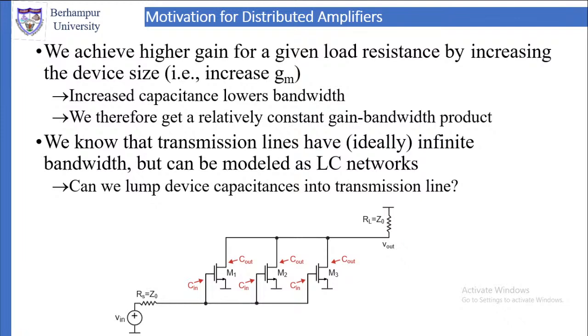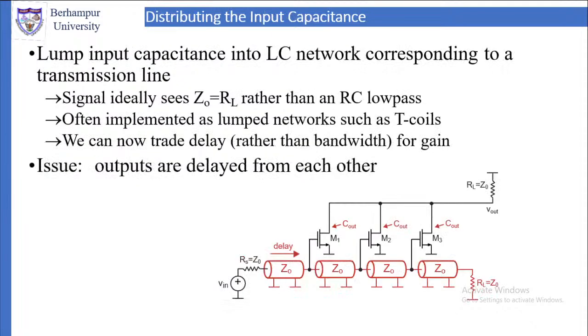We know that transmission lines that we are using in the circuit have ideally infinite bandwidth. This is ideal, but actually their bandwidth is limited. But they can be modeled as LC networks. Since transmission lines can be modeled as LC networks, we can lump device capacitances into the transmission line in the analysis.